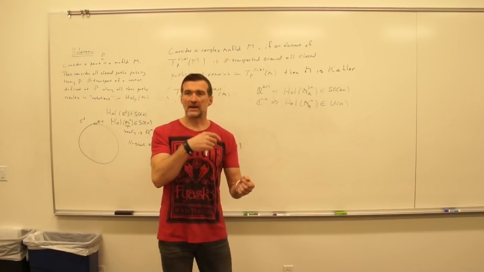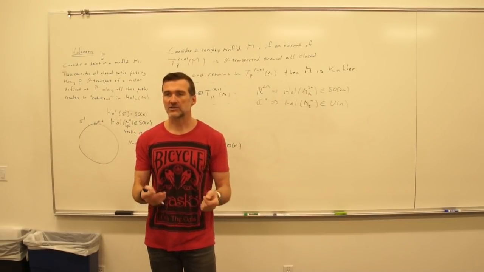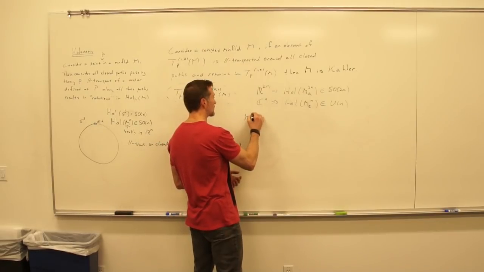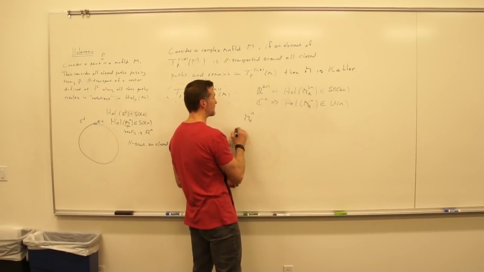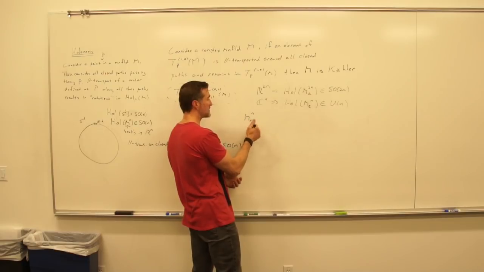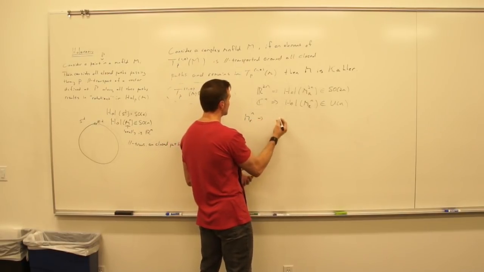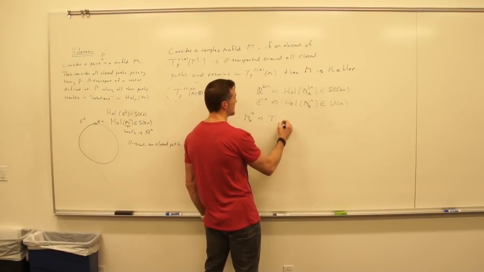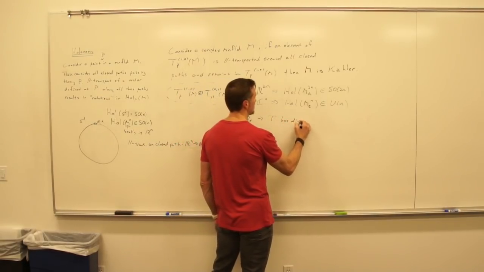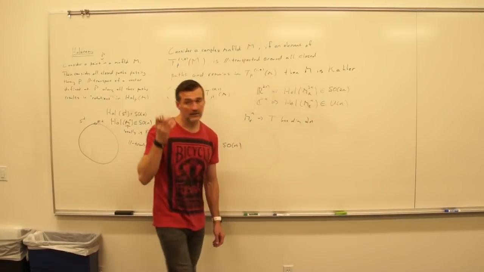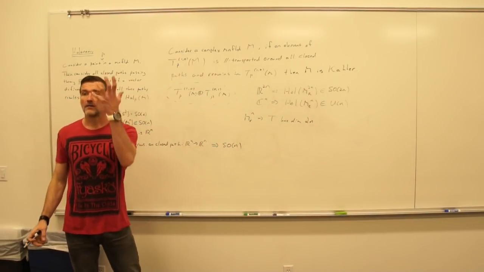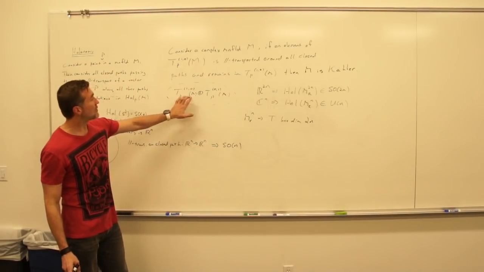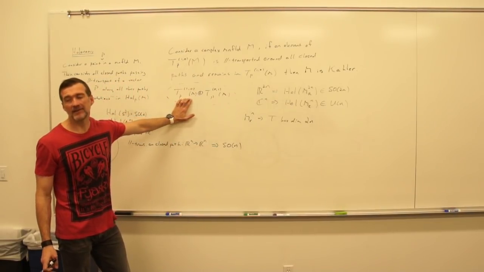So for a complex manifold of complex dimension n, the tangent space has complex dimension 2n, but the Kahler condition says that you actually only utilize half of the tangent space.